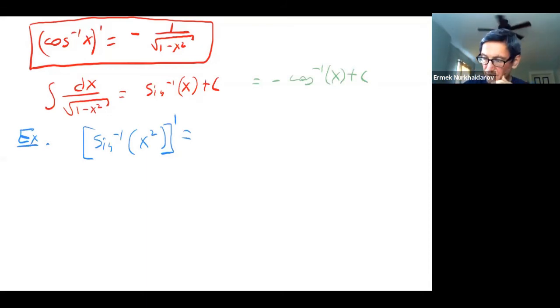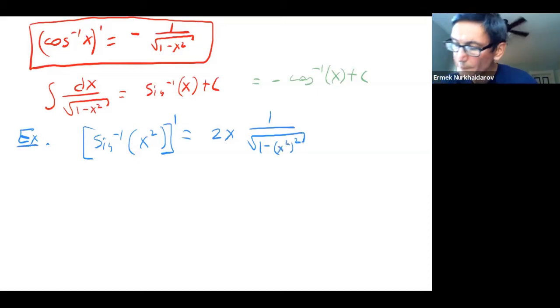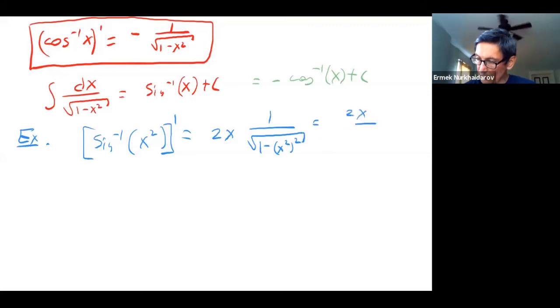Derivative of the inside function is 2x. Derivative of the outside function is 1 over square root of 1 minus that thing squared, and that thing squared is x squared. So the final answer is 2x over square root of 1 minus x to the fourth.